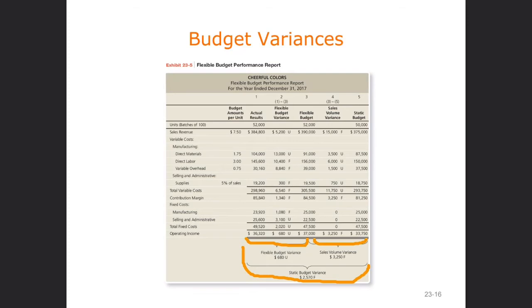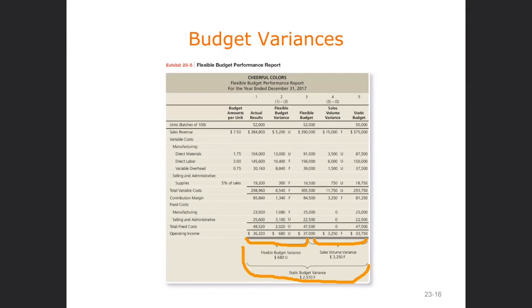One thing I would suggest for extra practice is taking a little sheet of paper or a ruler if it's small enough, covering up column 2, flexible budget variance, and column 4, sales volume variance, and trying to fill that in. Use it as a practice problem.